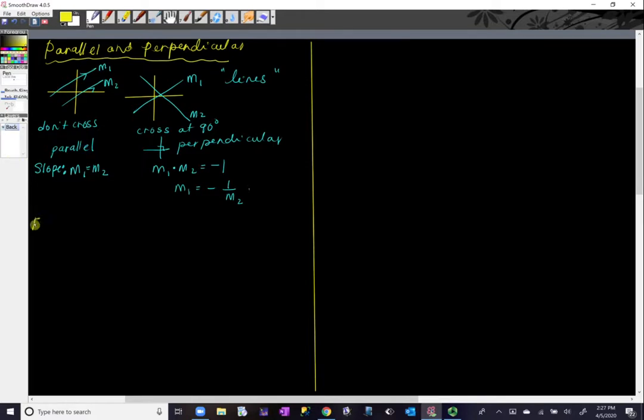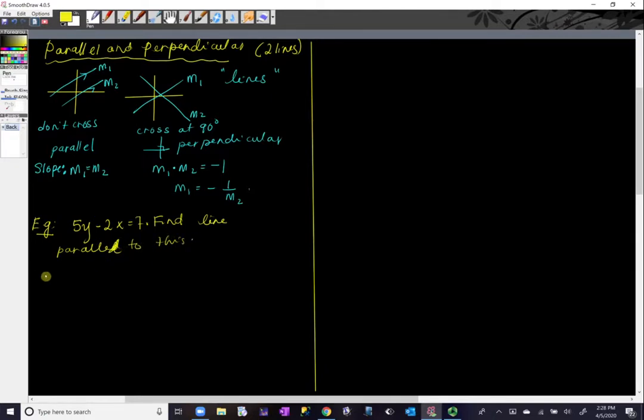So let's take a look at an example here. Whenever we're talking about parallel and perpendicular, it always deals with two lines. One line will be given and one you have to find, or they give you points and you have to find the lines. So let's say you are given a line 5y minus 2x equals 7, and the question is to find a line parallel to this.